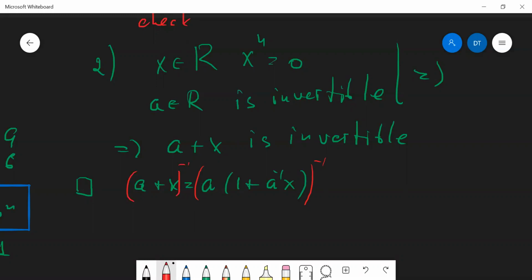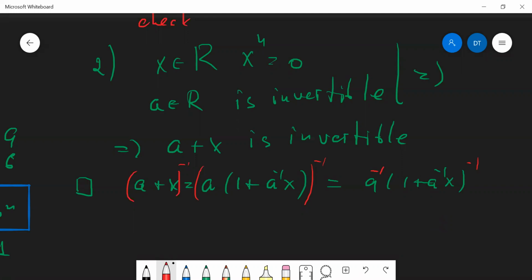But how do you compute the inverse of the product? And here multiplication is commutative, the ring R is commutative. So this will be a inverse times this inverse. We know that a is invertible, so this exists. But why is this invertible and how to compute the formula for its inverse?